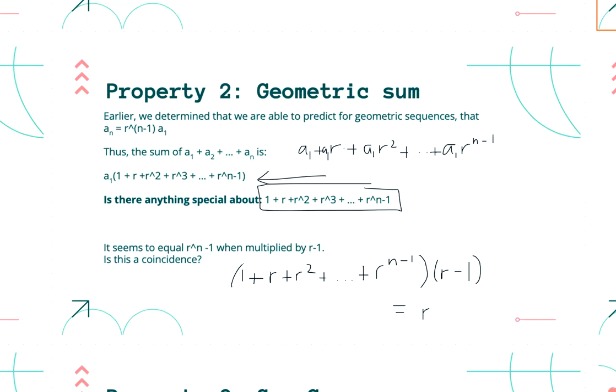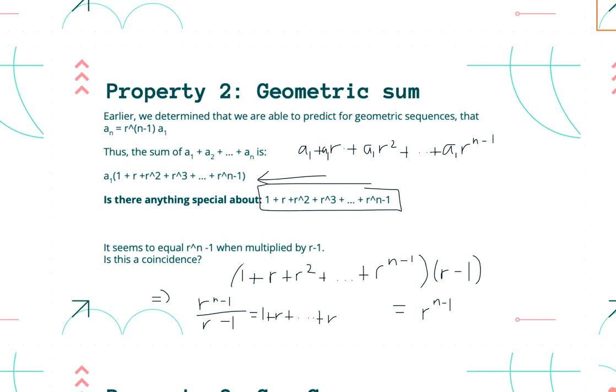Now that's really clean, right? So what we can do is rearrange this to say that r to the power of n minus 1 divided by r minus 1 equals 1 plus r plus all of those terms plus r to the power of n minus 1.